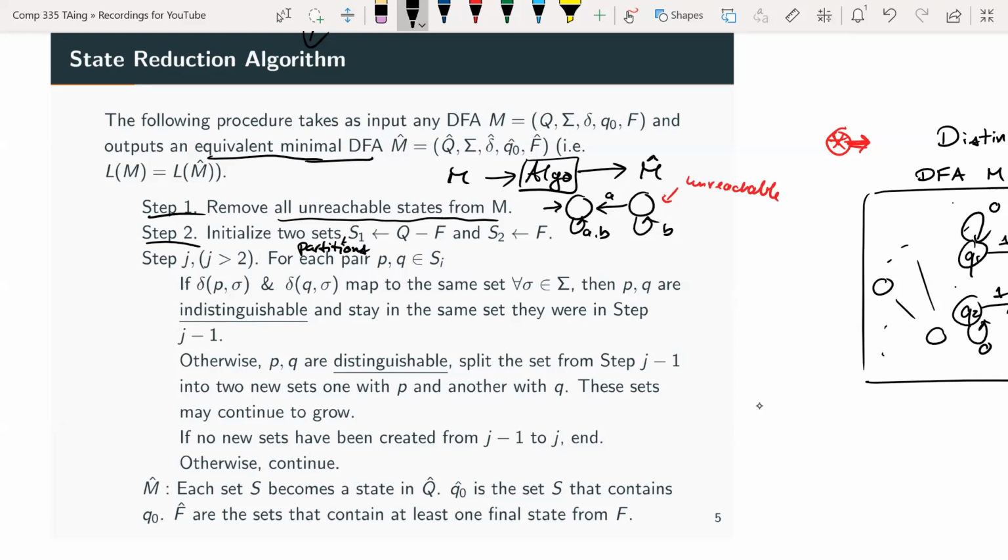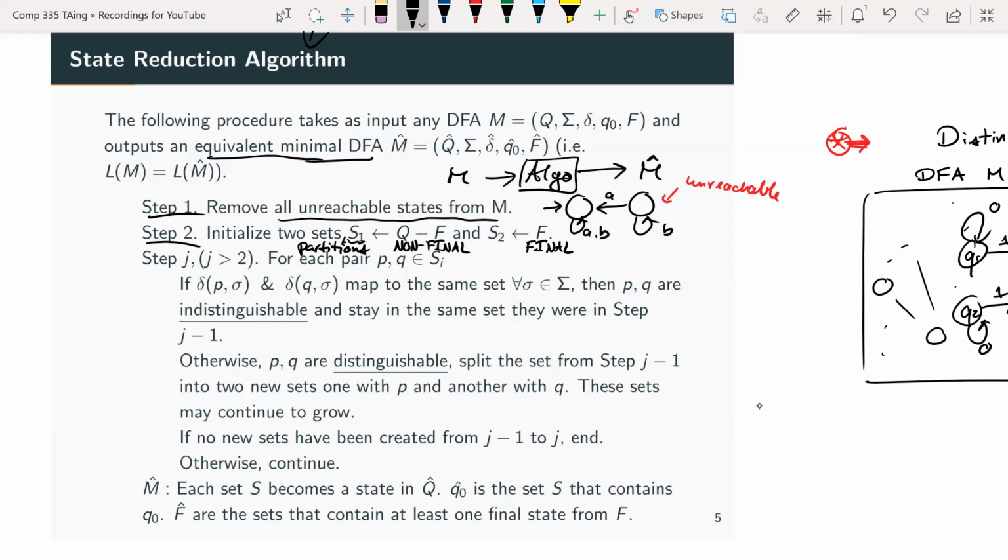S1 is going to be all of the non-final states, so that's Q minus F. And S2 is going to be all the final states. So you've set up your two partitions, S1 and S2.